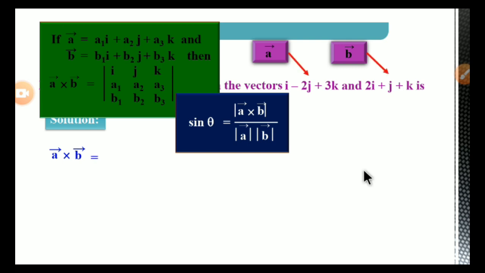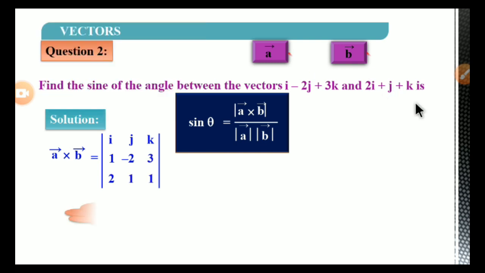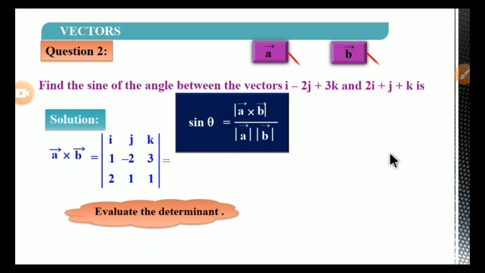Now A cross B is given by the determinant with i, j, k in the first row, the second row contains 1, minus 2, 3 and the third row contains 2, 1, 1. Now we evaluate that determinant: i into the bracket of minus 2 minus 3, minus j into the bracket of 1 into 1 minus 6, plus k into the bracket of 1 minus of minus 4.